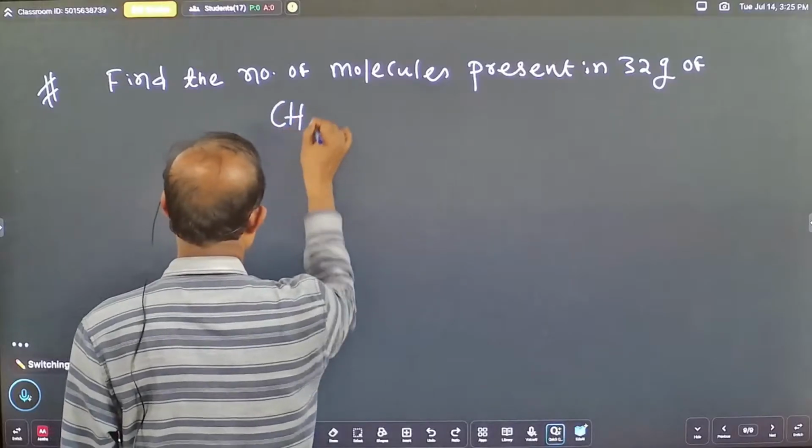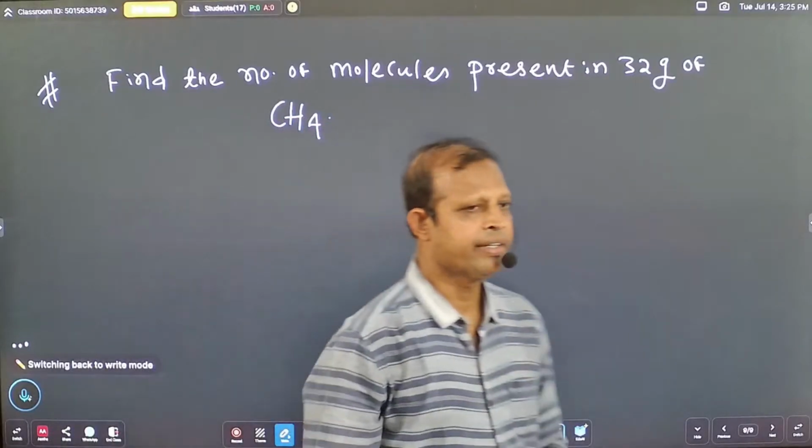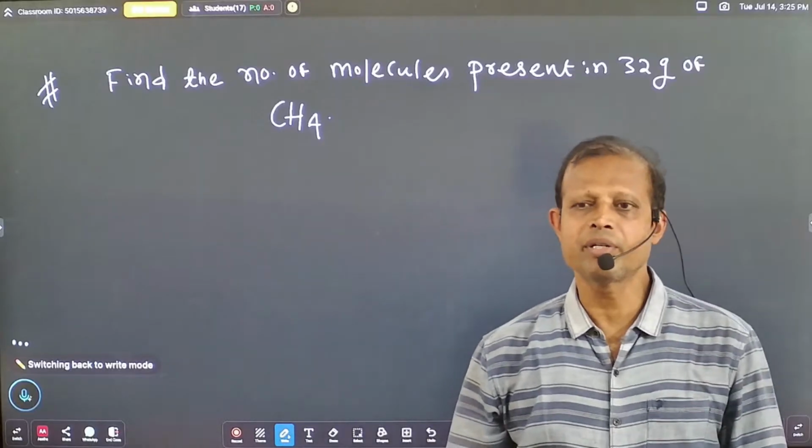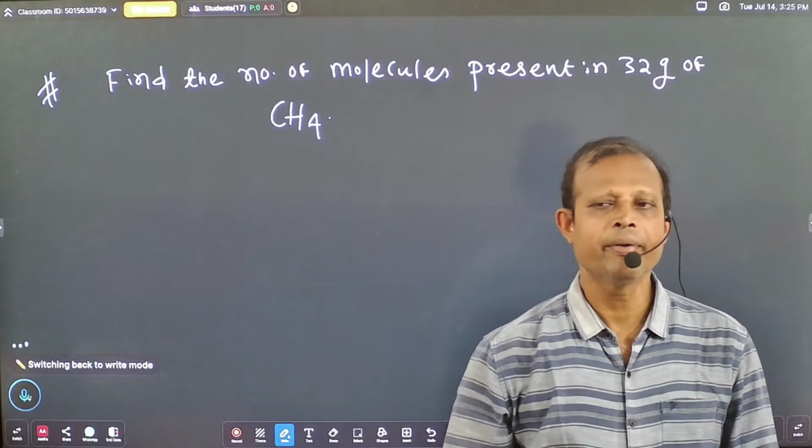Find the number of molecules present in 32 gram of methane, CH4.